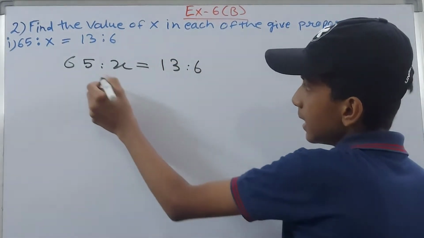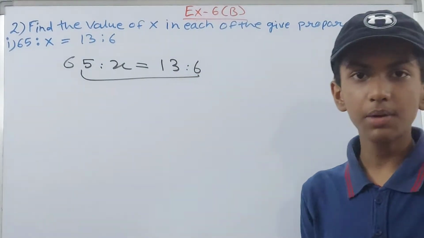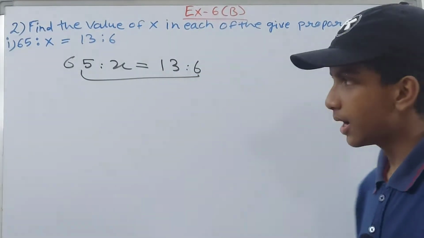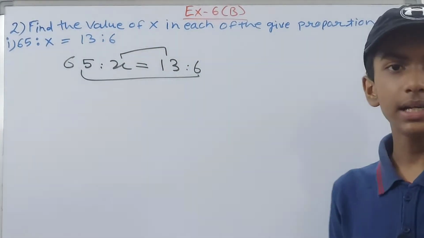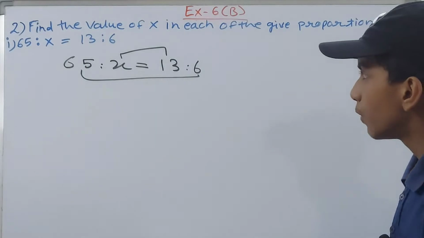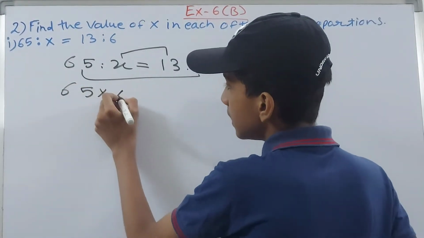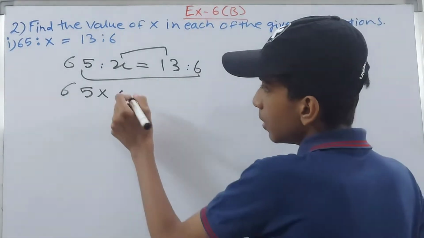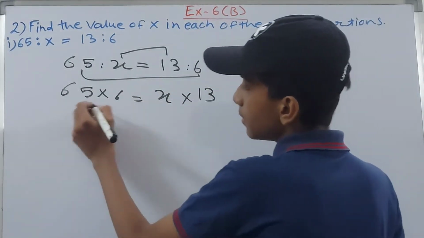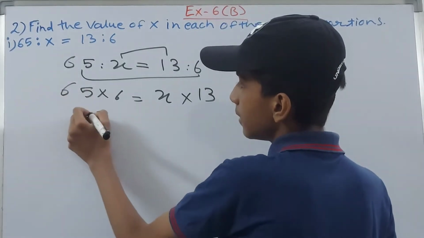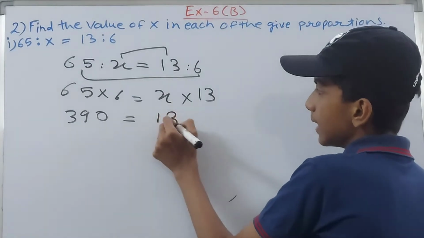65 and 6 will be multiplied as they are the extremes, and x and 13 will also be multiplied as they are means. So we have 65 into 6 is equal to x into 13. 65 into 6 is 390, which is equal to 13x.